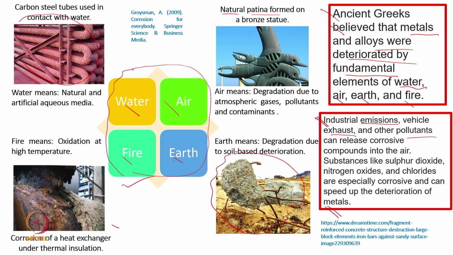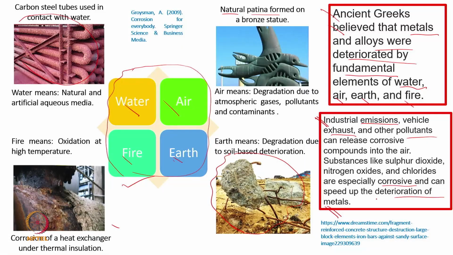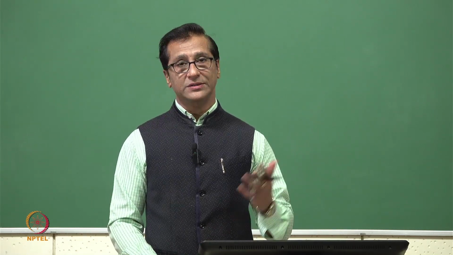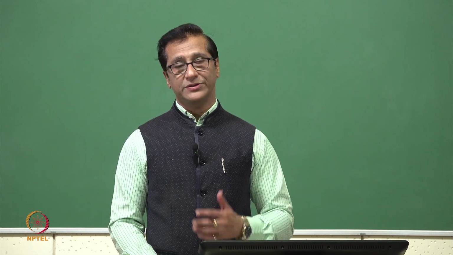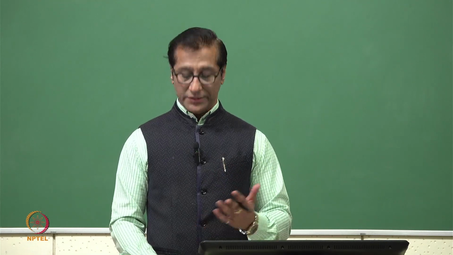We know that sulfur dioxide, chlorides and nitrogen oxides are corrosive and deteriorate metal surfaces. Exhaust from vehicles contains a number of gases that corrode the environment. They even corrode buildings. Huge buildings get corroded with time. If regular maintenance is not done, the whole structure may get damaged or even demolished if we are not taking care properly. So we have enormous examples.